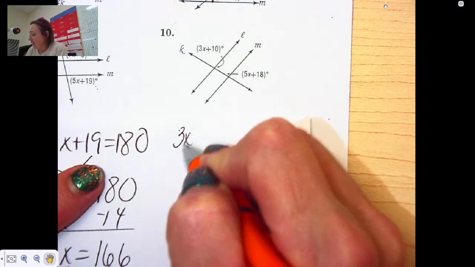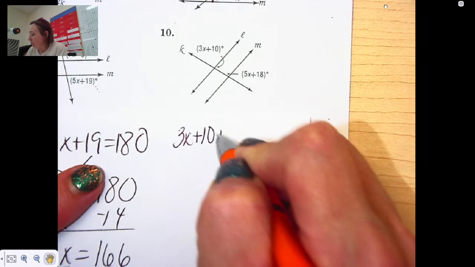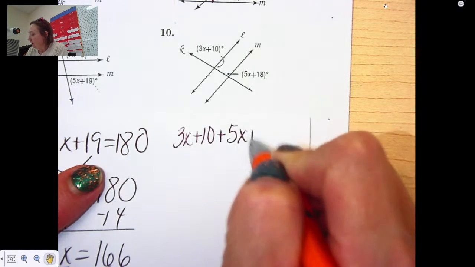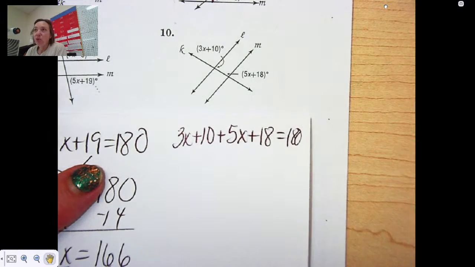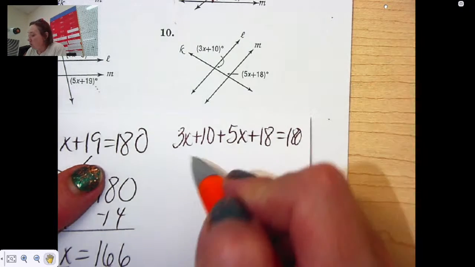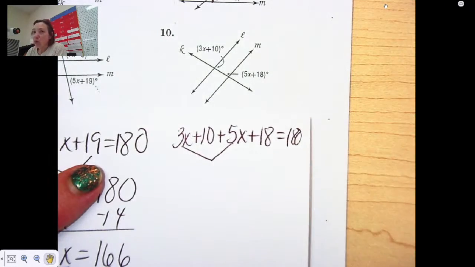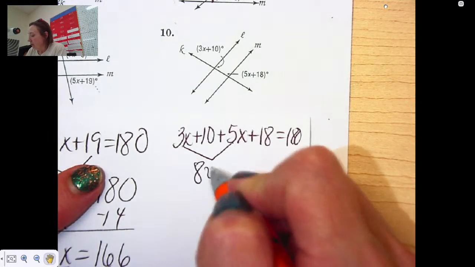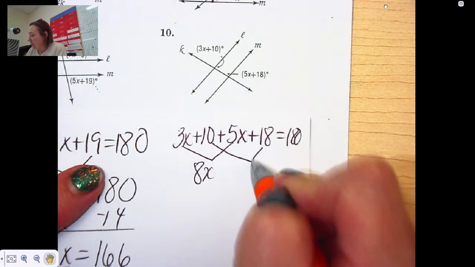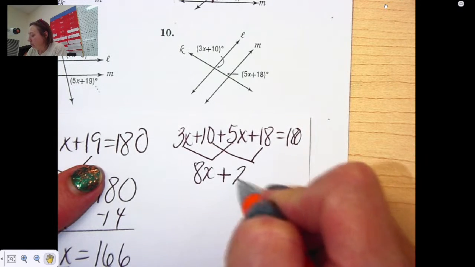It's exactly like the last problem. So you're going to set it up where you add them together and they equal 180. And then you combine your like terms. So 3x plus 5x is what? 8x. What's 10 plus 18? 28.